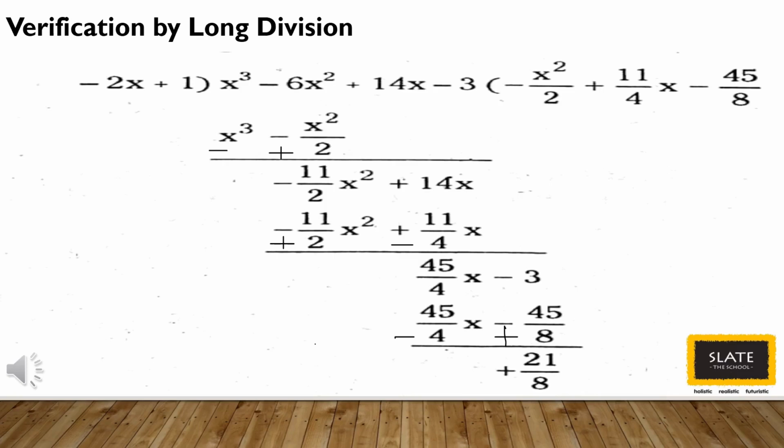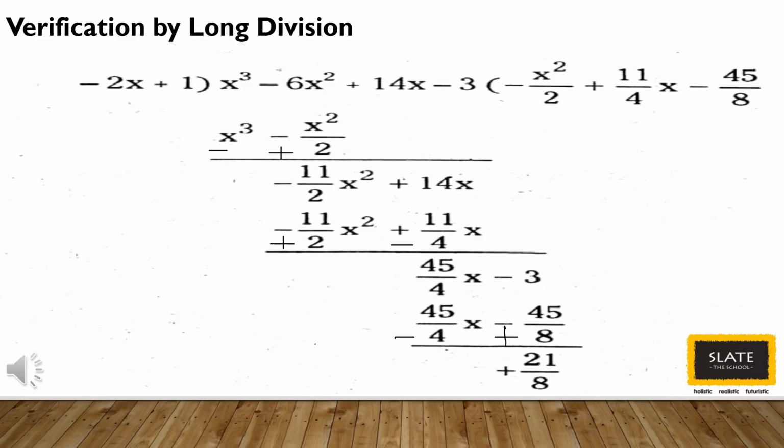When we multiply this with the divisor, we have x cube minus x square by 2. On subtraction, we get minus 11x square by 2 plus 14x, bring it down. Now repeat the same step again.